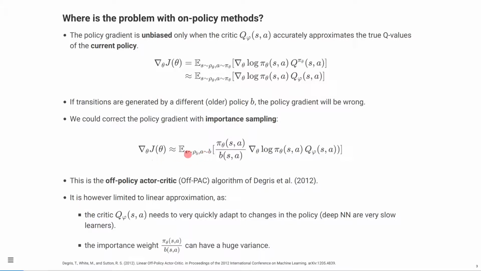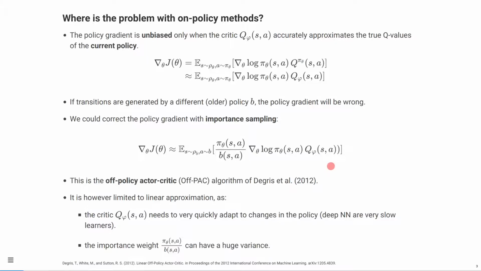If you were to do that, sample transitions from the behavior policy, you will need to use importance sampling, as we have seen in Monte Carlo methods, by correcting the policy gradient with the importance sampling weight, which is a ratio between the probability of selecting an action under the current policy and the probability of taking that action with the behavior policy.